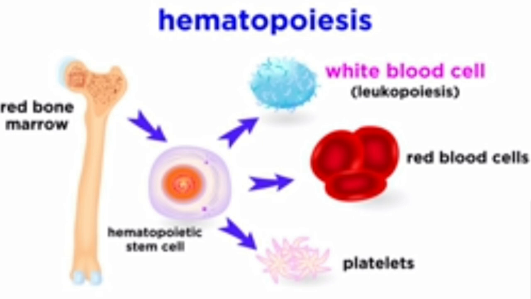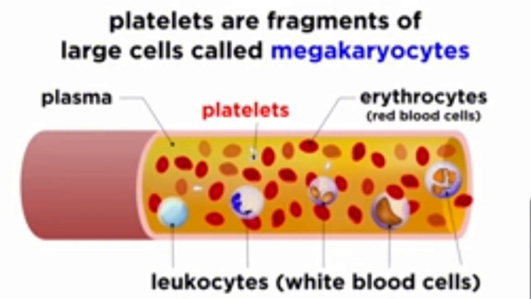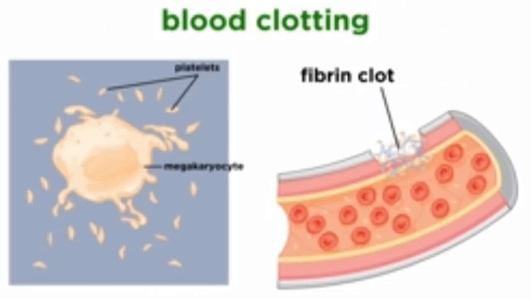Lastly, we get to the platelets. These are fragments of large cells called megakaryocytes. These fragments are essential during blood clotting, which happens when blood vessels are damaged, as platelets can block up any holes or tears to seal things off.